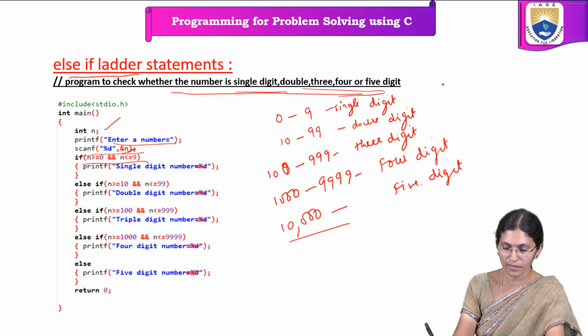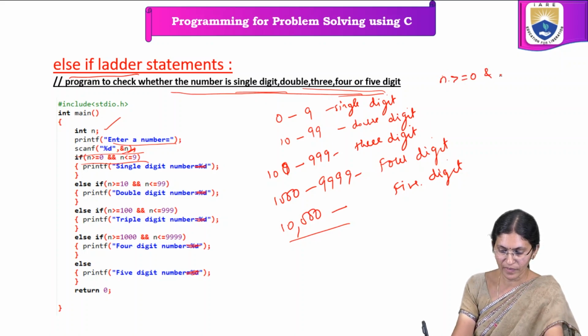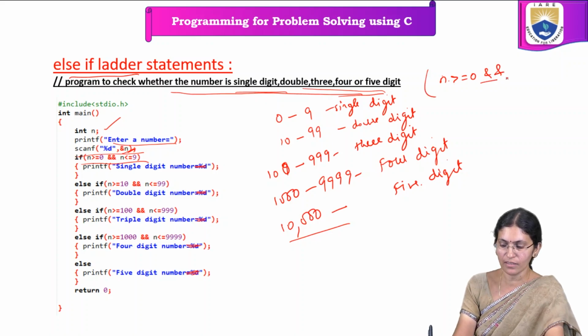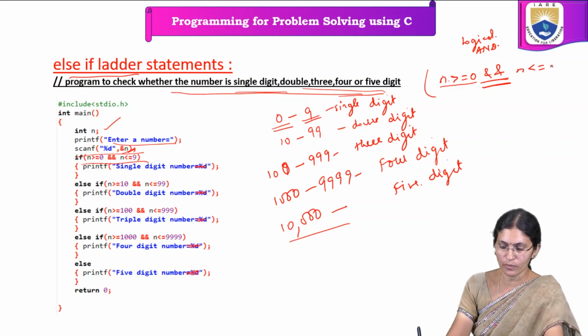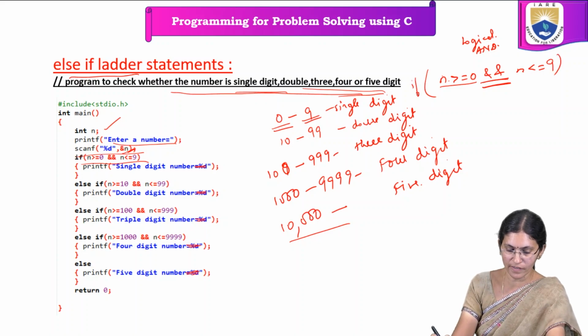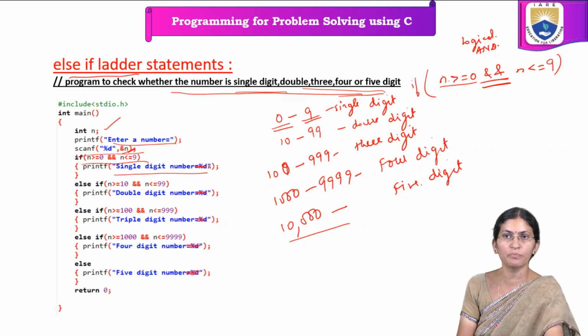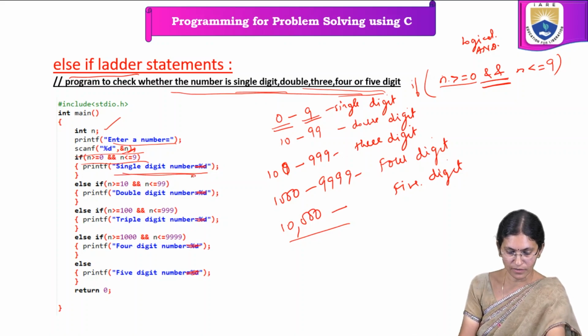If n is greater than or equal to 0 and n is less than or equal to 9, we have used the logical AND operator. If this condition is satisfied, then the statement to be printed is single digit number.